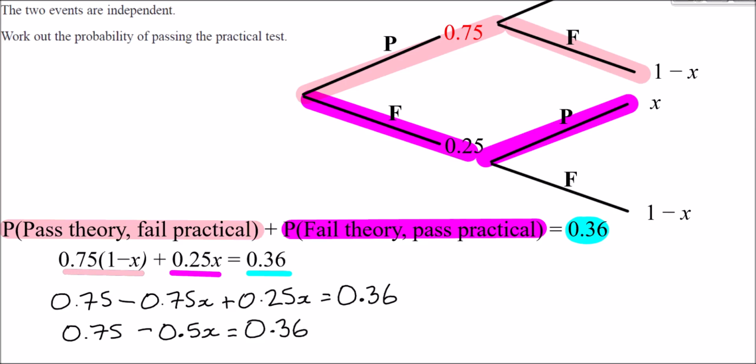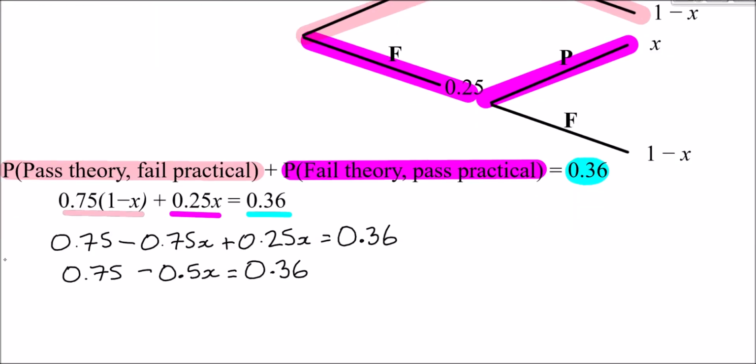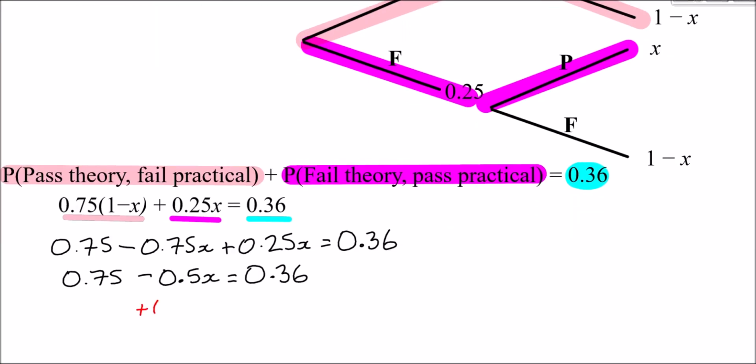I'm going to add this 0.5x to both sides because obviously positive things are just easier to deal with. So if I add on 0.5x to both sides, it'll then disappear from this side, leaving me with 0.75 equals 0.36 plus 0.5x. I want to have all the numbers on one side and the x's on the other.